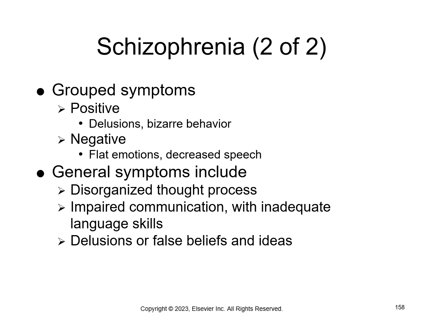Negative is when things are not present, like their emotions are not present, their speech decreases or is not present. So kind of think of positive and negative in that way. None of them are good symptoms. General symptoms include disorganized thought processes, impaired communication with inadequate language skills, and delusions or false beliefs and ideas.